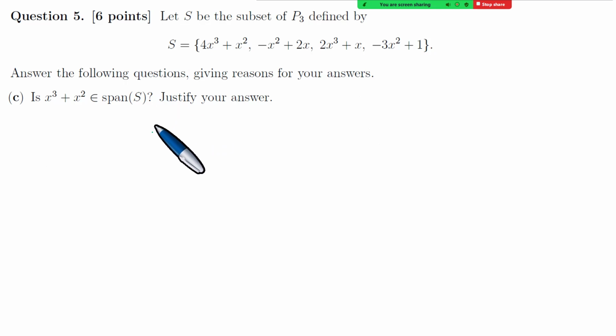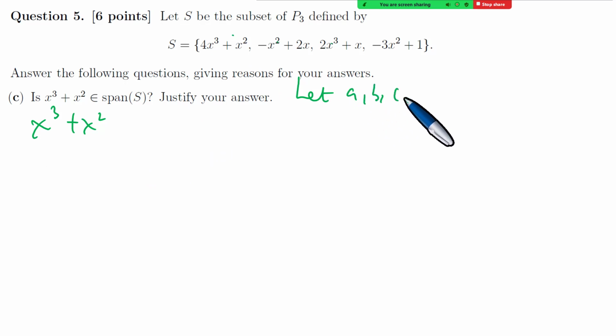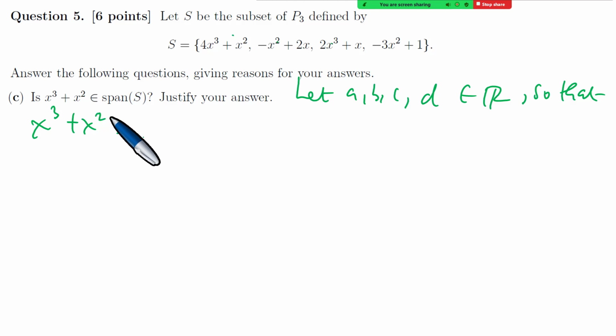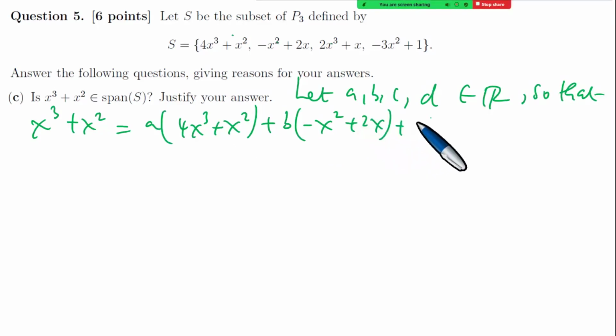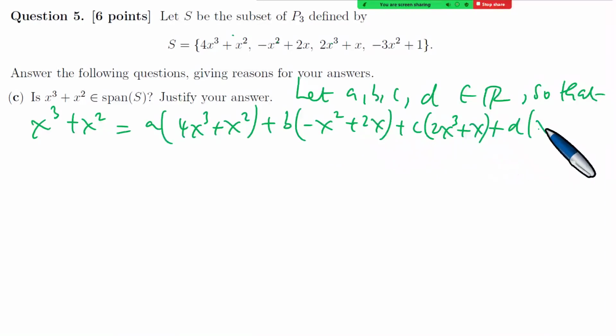If it is a member of the span of S, it means that we take A, B, C, D to be real numbers, so that this can be written as A times 4x cubed together with x squared, B, which is minus x squared together with 2x, C is 2x cubed together with x, D is minus 3.